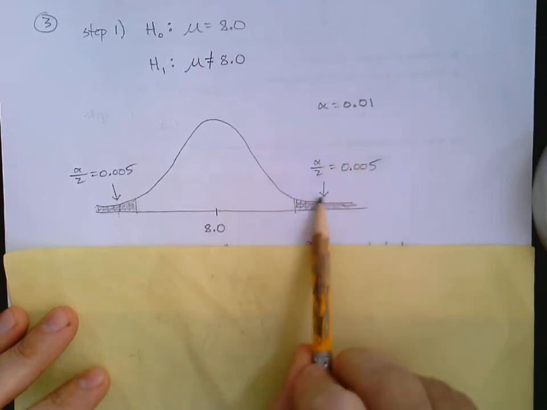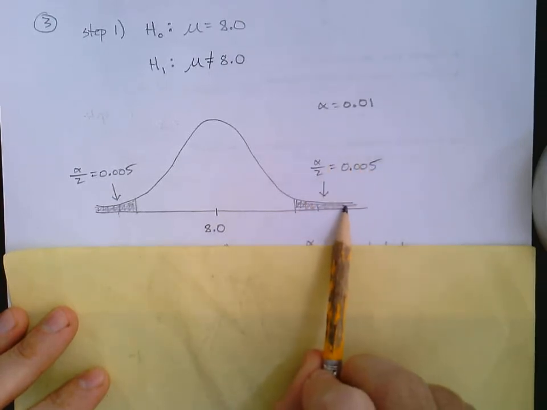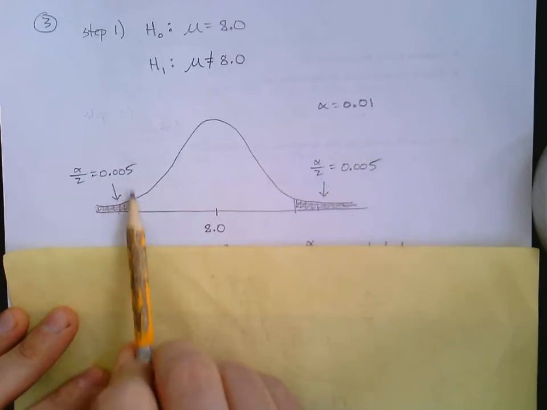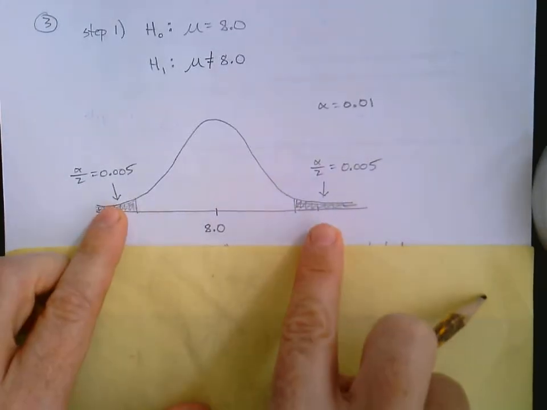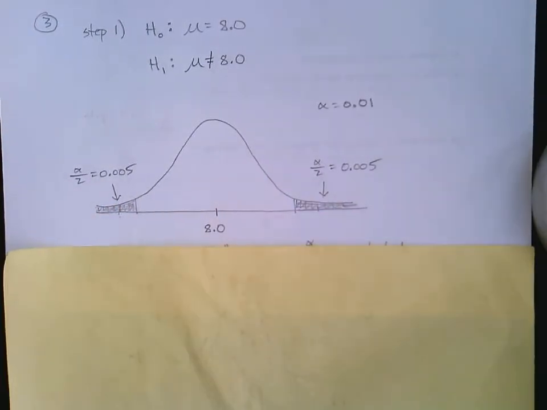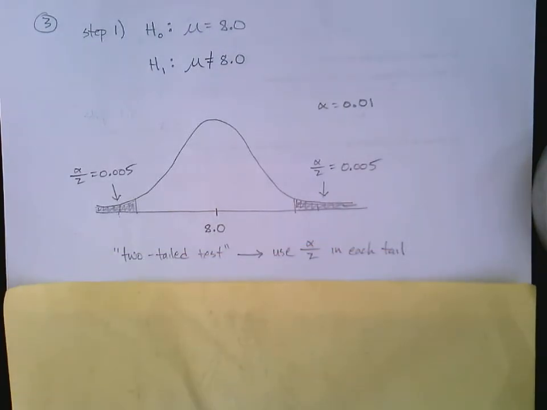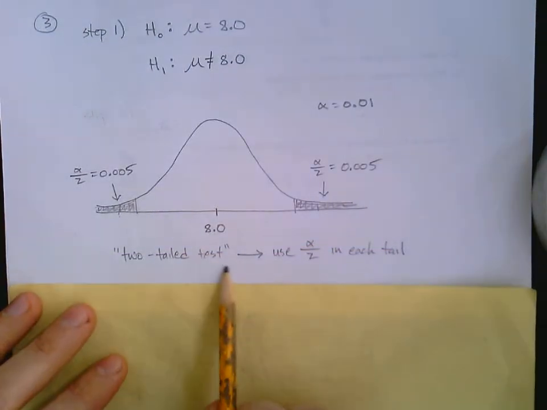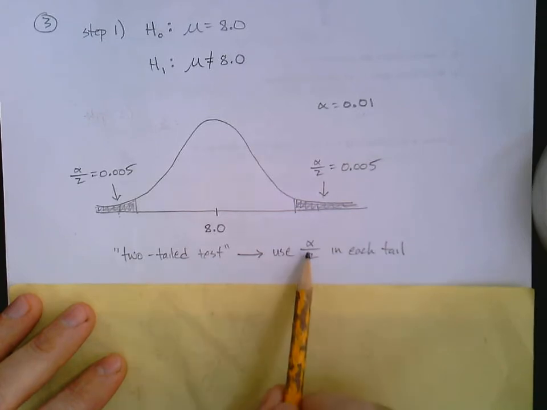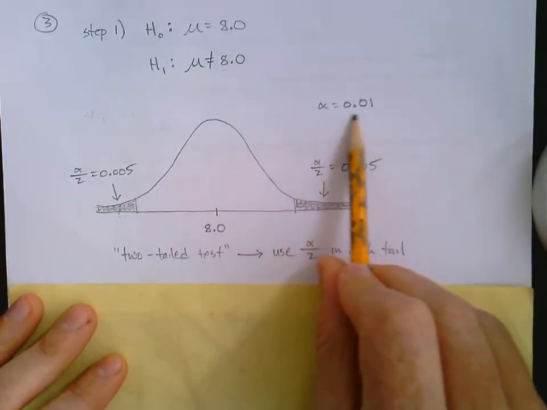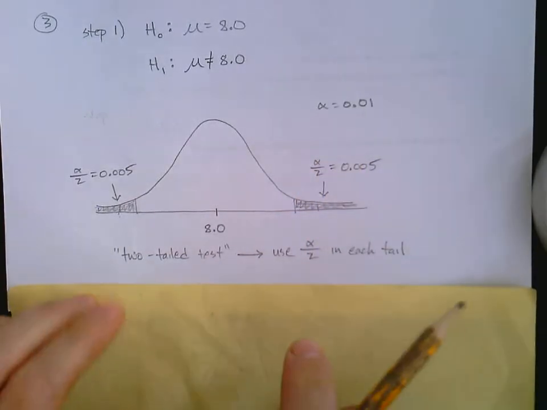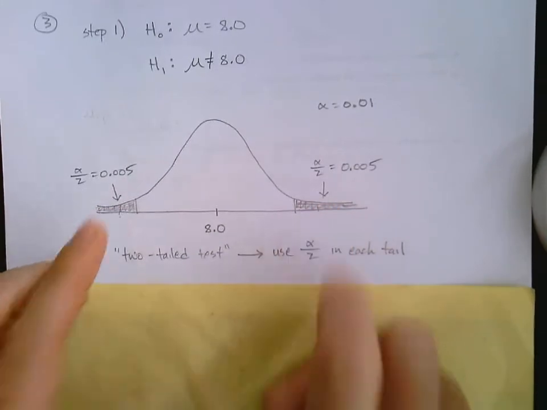So 0.005 at the very top, and the other half 0.005 at the bottom. So in total, it's 0.01. We refer to this as a two-tailed test. And we use whatever the significance level is, alpha, divided by 2 in each of the tails.